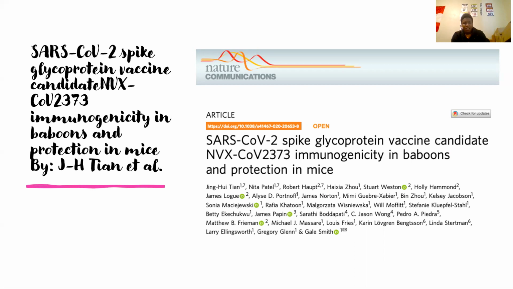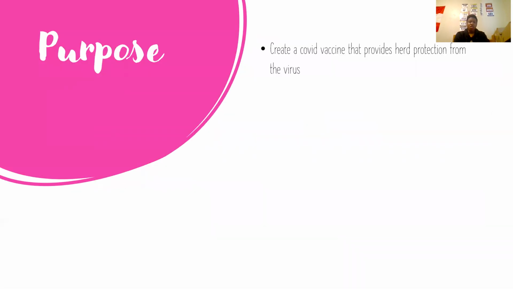And this was done by Jing Hien Tian and his colleagues. The purpose of this experiment was to create a COVID vaccine that provides herd protection from the virus, which could stop this pandemic that we're currently in.